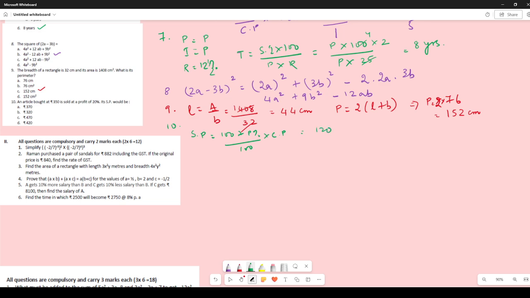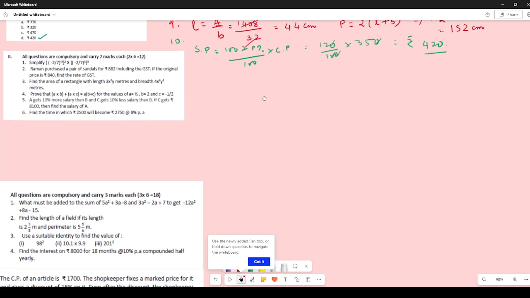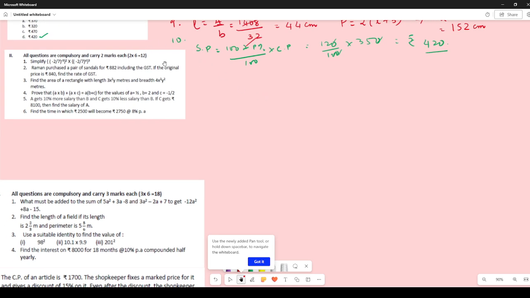So 120 by 100 into 350 comes up to rupees 420. So that will be its SP. So that was that for our MCQs.